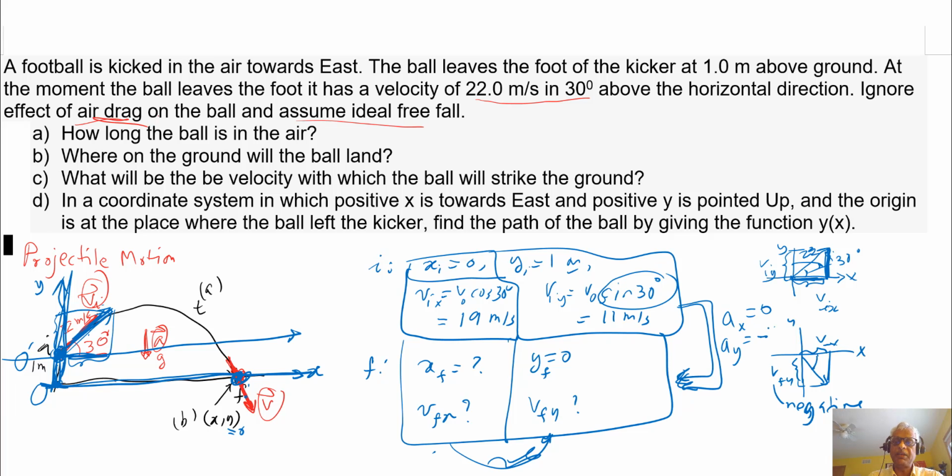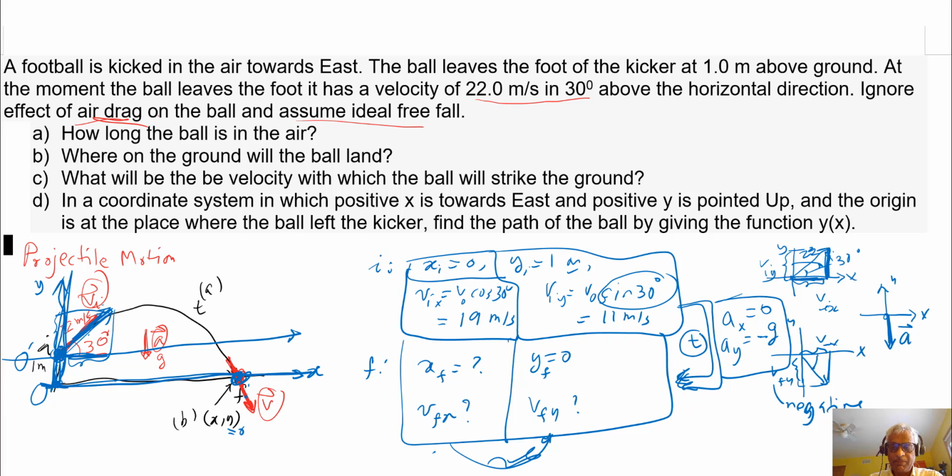So there's not enough information to get all of this from this column, right? Over here, ay is minus 9.8 meter over second square, and it's the same time. This is not known, this is not known. So there's only two unknowns. So in any axis, if you have just two unknowns, you can solve using this equation.